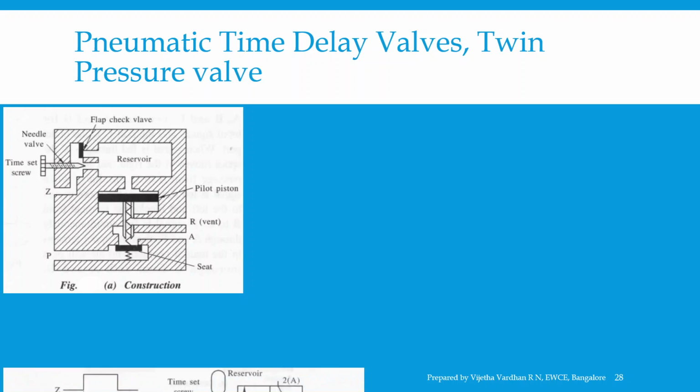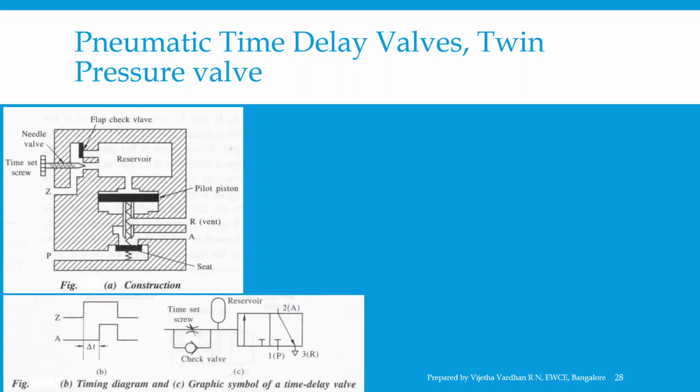There is thus a time delay between the application of pilot pressure to port Z and the valve operation, as shown by the timing diagram which you can observe from figure B. The time delay is adjusted by the needle valve setting. The built-in check valve causes the reservoir space above the valve to vent quickly when the pressure at Z is removed, to give no delay off.